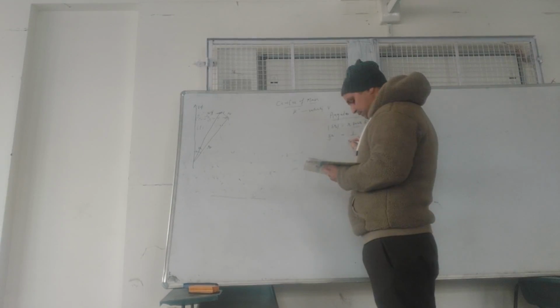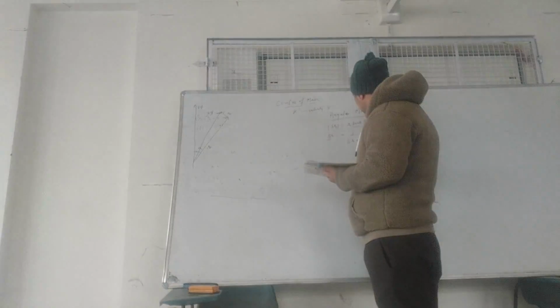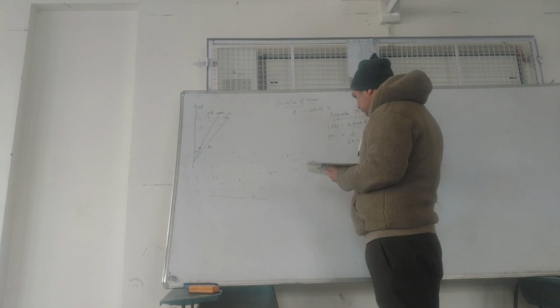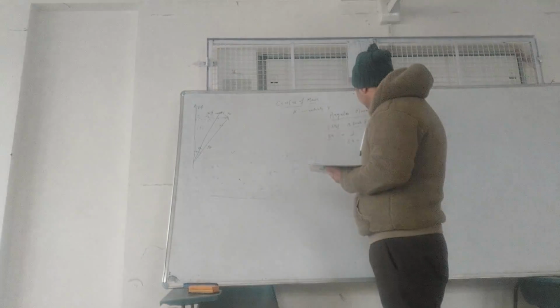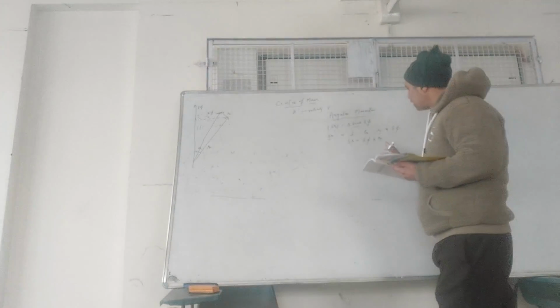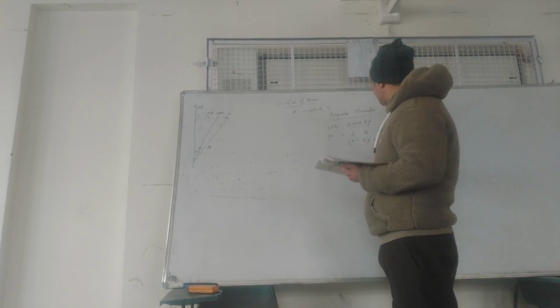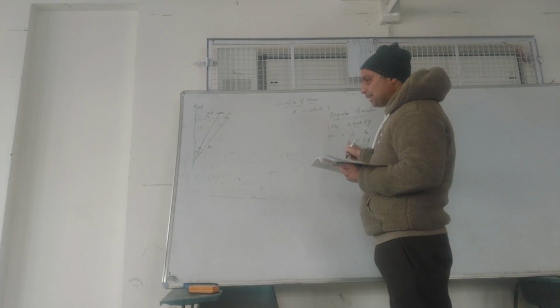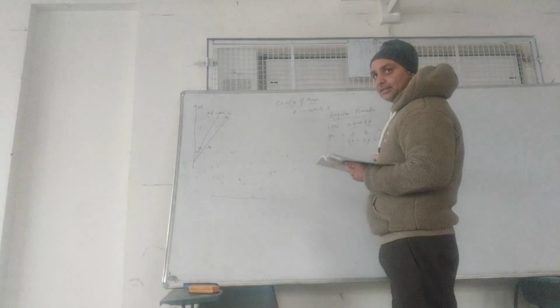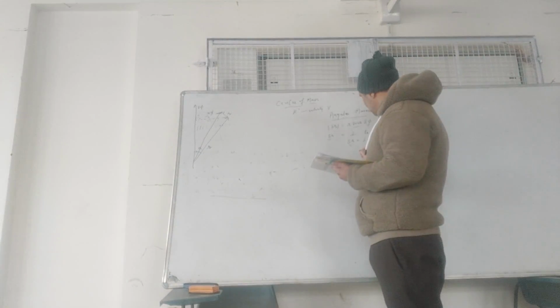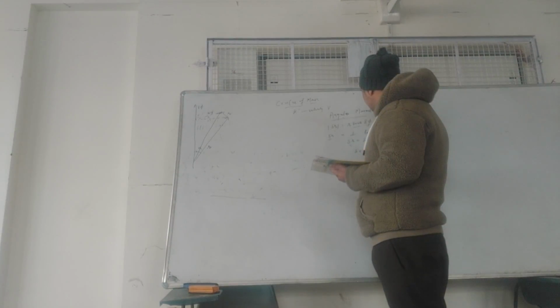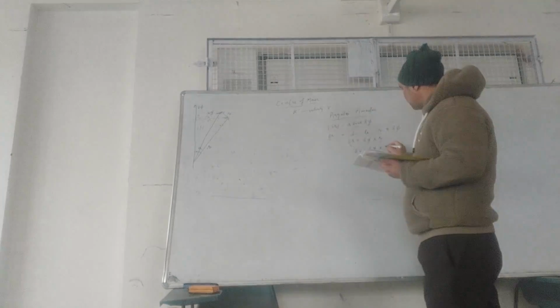So that means delta r is equal to delta phi cross r. Or if you take the derivative, it will be delta r by delta t, dr by dt is equal to cross.